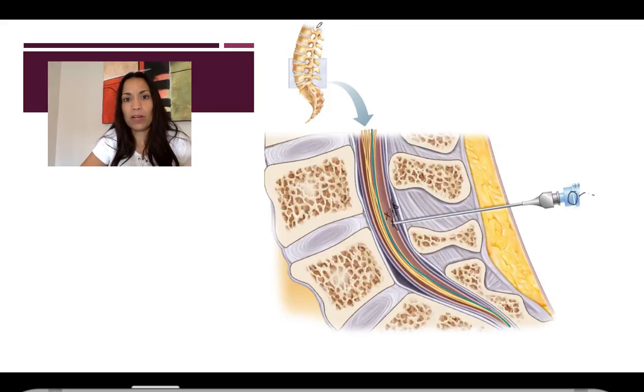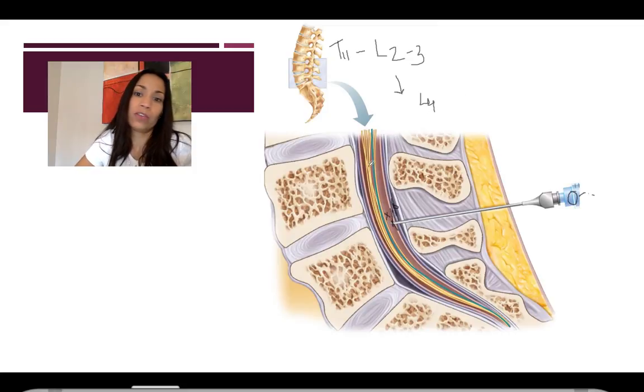Remember, we said that the spinal cord ends at the level of L2, let's say in general, T11 to 12, and L2 and 3. Spinal taps are always performed at L4 or below to avoid damage of the spinal cord. And what we have after that are just roots of nerves that, if you touch them, can hurt, but you're not going to paralyze anybody just by touching them.